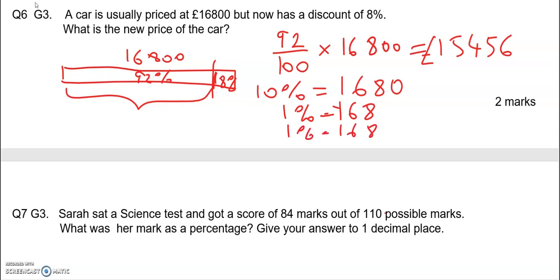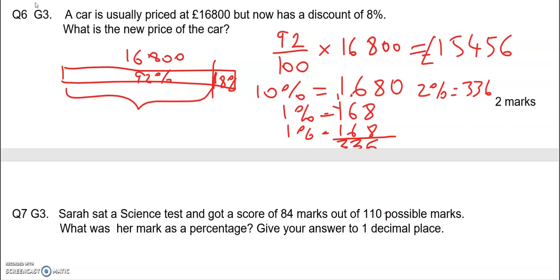To get 2%, you just add these two together. So 8 and 8, 16. 1 carried over. So we've got 6 and 6, 12. And the 1 is 13. And 1 is carried over. So 336. 2% is equal to 336. Taking it away from the 10% to get 8.